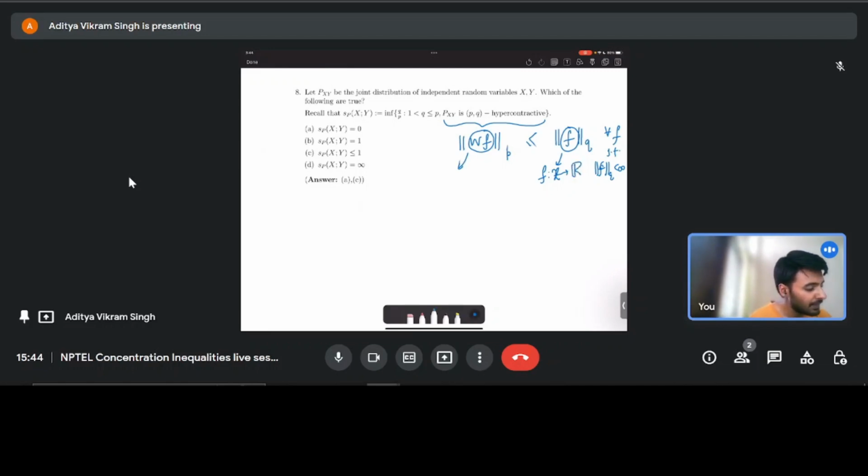And Wf is a function from y to R. How do we define this function? For a given y, this function assigns this value to Wf: the expected value of f of X given Y equals y.